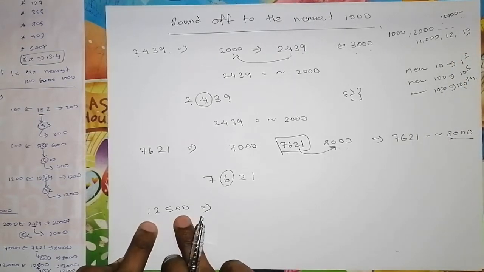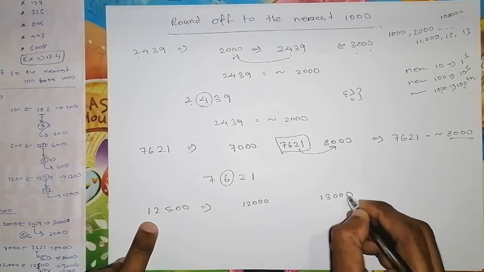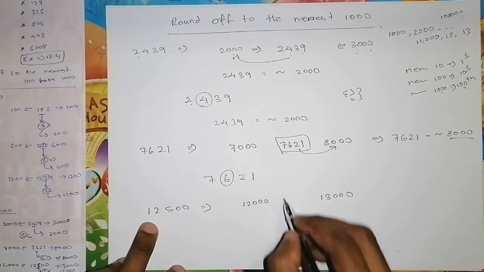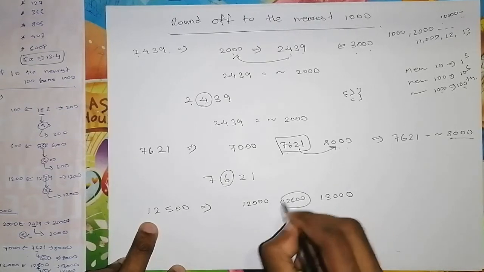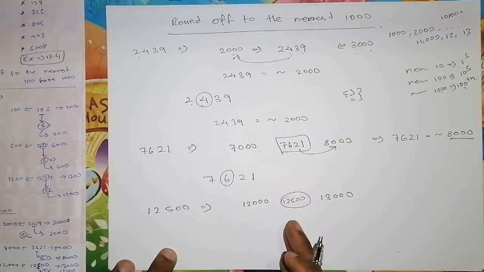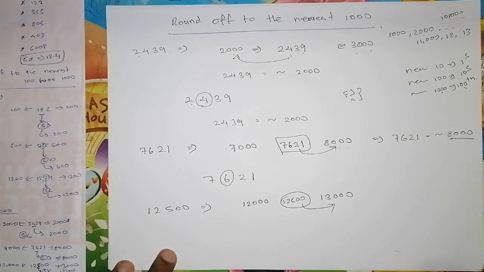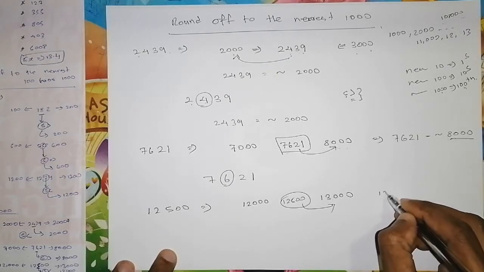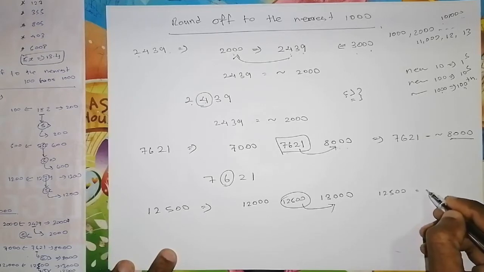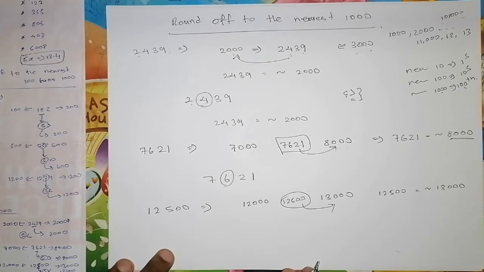So 12,500 is in between 12,000 and 13,000. 12,500 is exactly half. Exactly half means we take the next number. So if you round off 12,500, approximately that is 13,000.